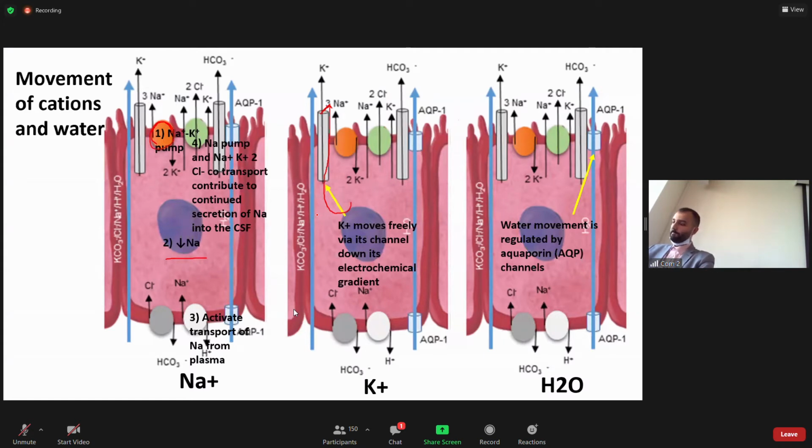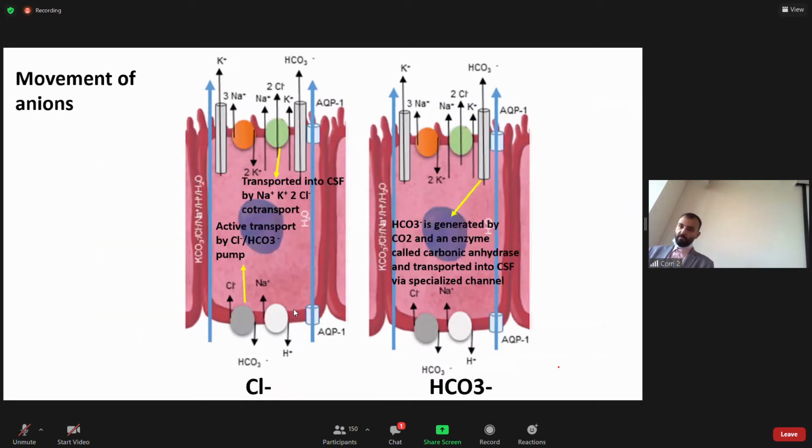What about water? As you're probably familiar, water tends to diffuse down its concentration gradient through channels called aquaporin channels. So that's with the movement of cations.